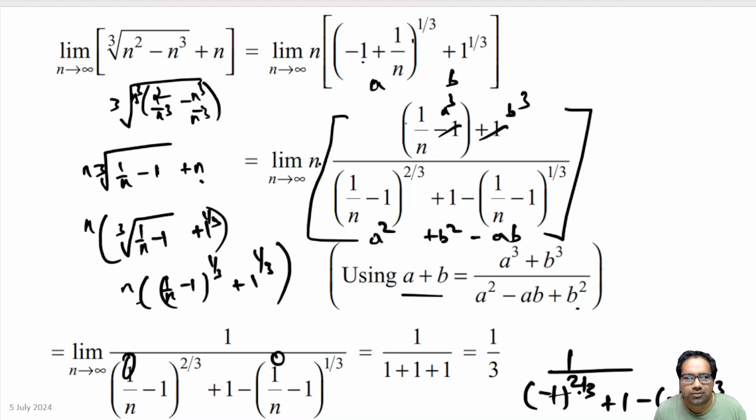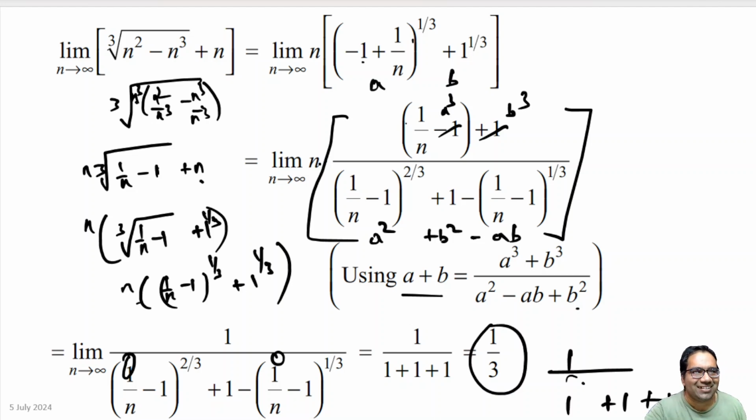Minus 1 whole power 2 by 3 is an even power, so this is equal to 1. And minus 1 whole power 1 by 3 is equal to minus of minus 1, which is again plus 1. Basically 1 by 1 plus 1 plus 1, which is equal to 1 by 3. This is our correct answer.